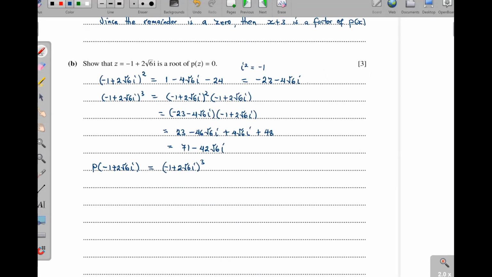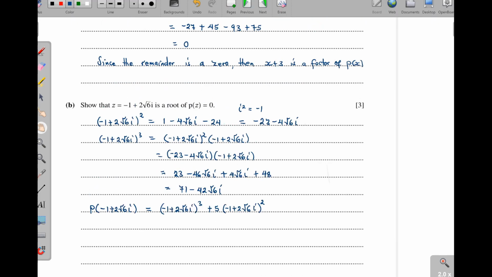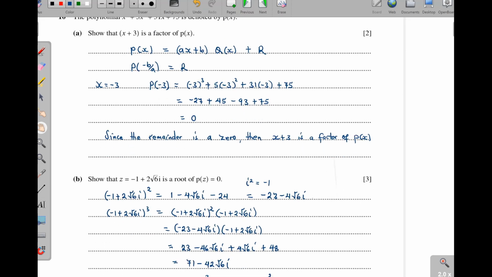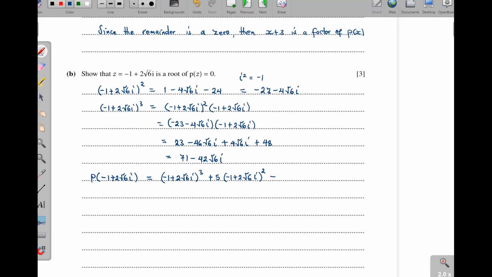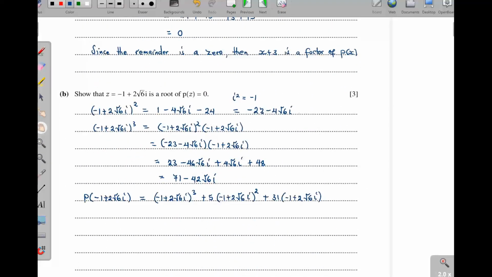Then plus 5x squared, so plus 5 times this one here squared. Then what else? We have 31x, plus 31, then times this one here. Remember, z has taken the place of x, okay? And then lastly 75. Yes, so plus 75.